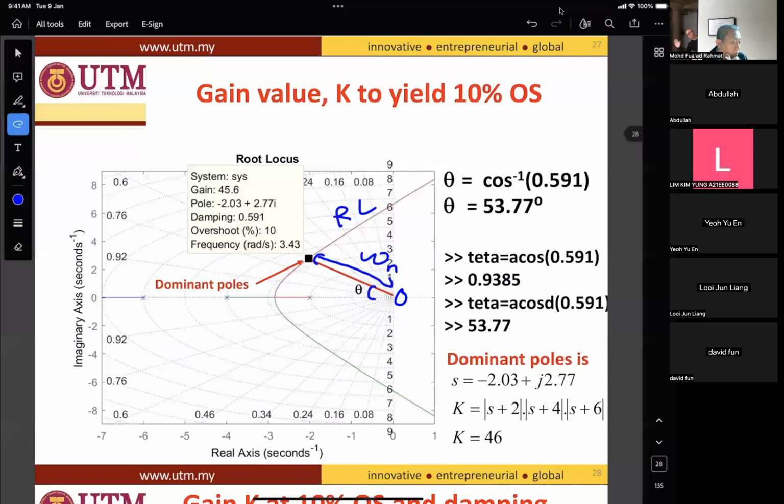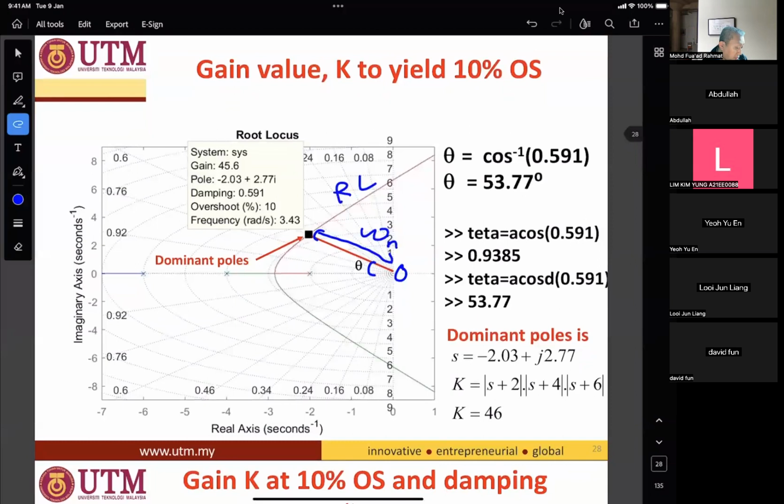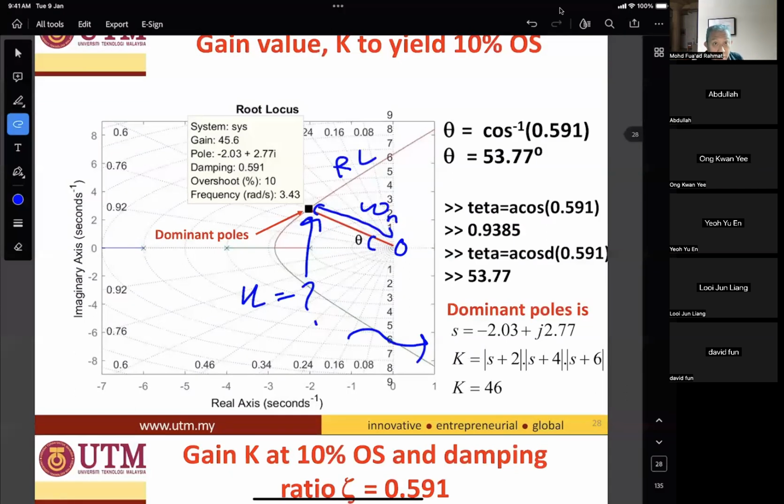So these dominant poles, as I told you before, are the poles that have a high influence towards the system output. What is the value of the gain at the dominant pole here? By computer, it gives you 45.6. By calculation, it is by using this formula, which is the gain criteria.